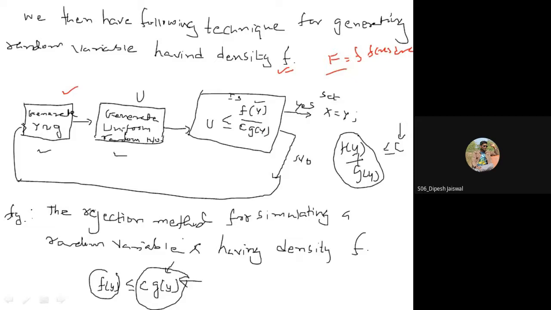Then you check whether the uniform random number u you generated is less than or equal to f(y) upon c g(y). If so, the required random number is generated, and that is y, so we assign it. If not, we again generate another random number y from g, then another random number u, and again assess this condition. So this condition keeps repeating.